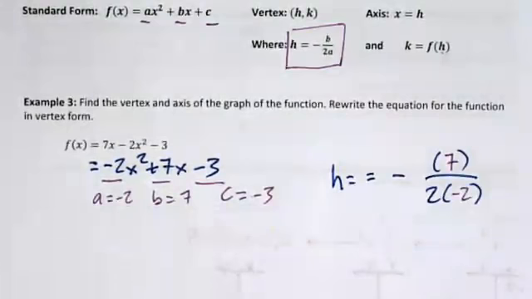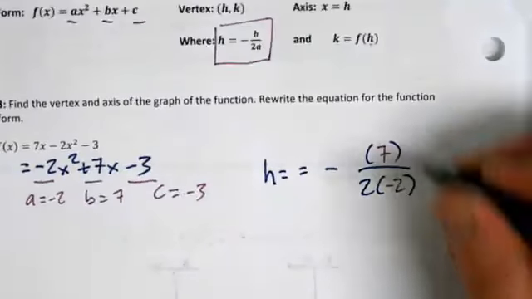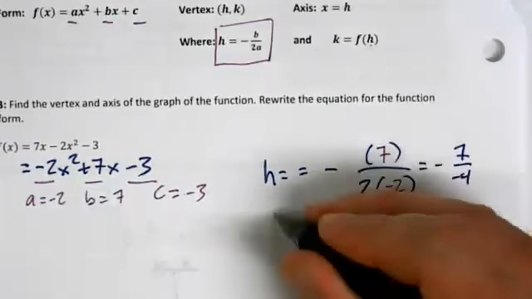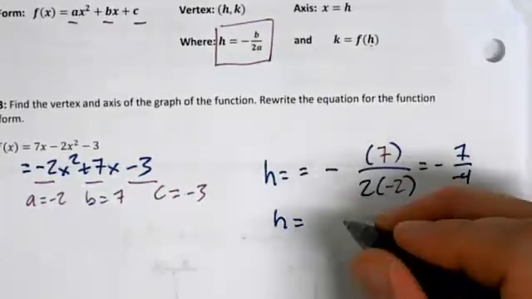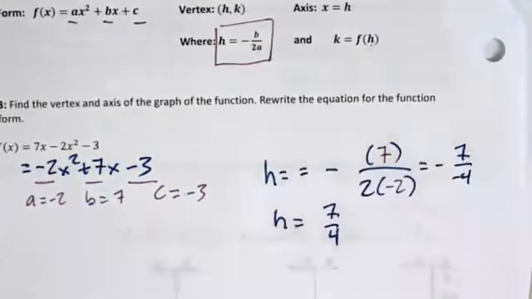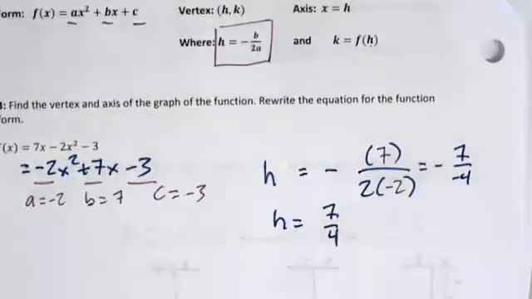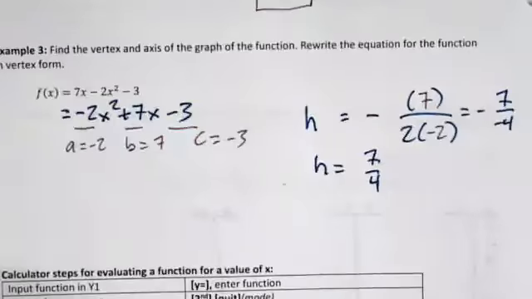And we'll simplify that. I'm going to call that 7 over 4. So we got H. Any questions about finding H?